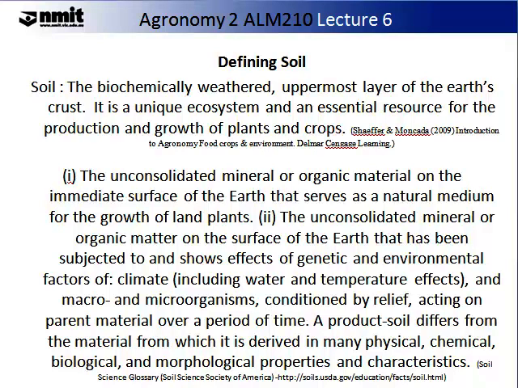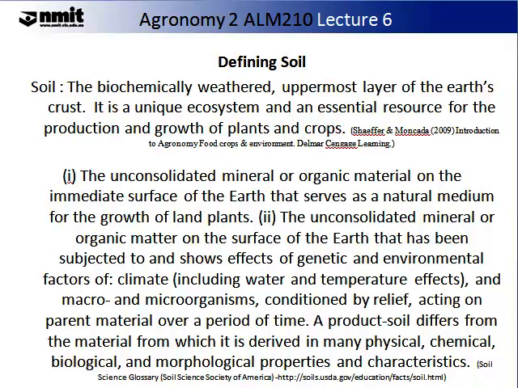Part 2, the unconsolidated mineral or organic matter of the surface of the earth that has been subjected to and shows effects of genetic and environmental factors of climate, including water and temperature, and macro and microorganisms, conditioned by relief acting on parent material over a period of time.